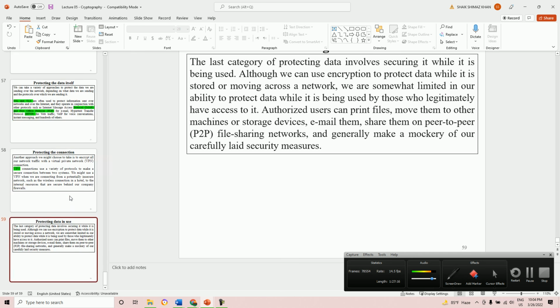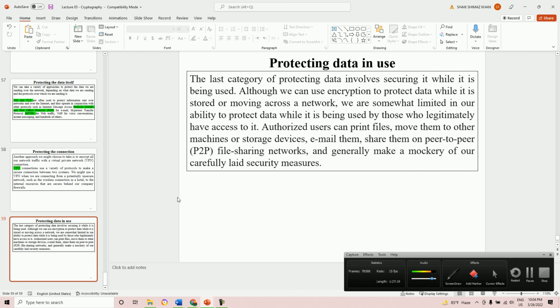So far we have seen so many schemes. The last category of protecting data involves securing it while it is being used. Although we can use encryption to protect data while it is stored or moving across the network, we are somewhat limited in our ability to protect data while it is being used by those who legitimately have access to it. Authorized users can print files and move them to other machines.